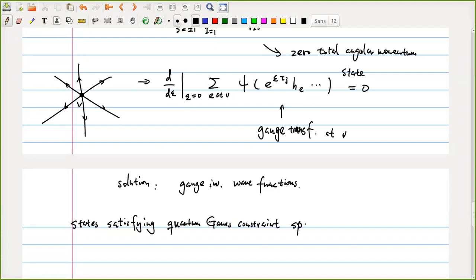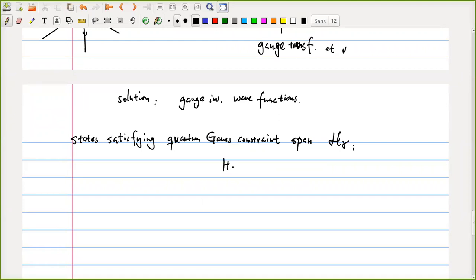The states satisfying it span H gamma. What is H gamma? It is the Hilbert space of SU(2) gauge invariant states.